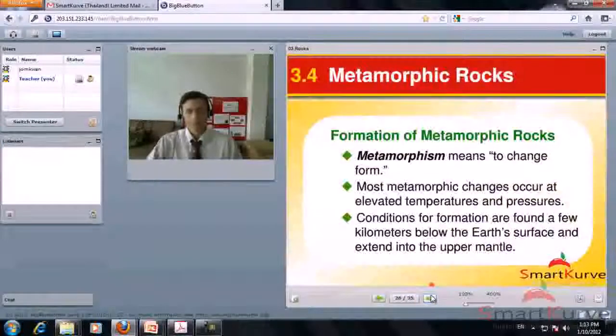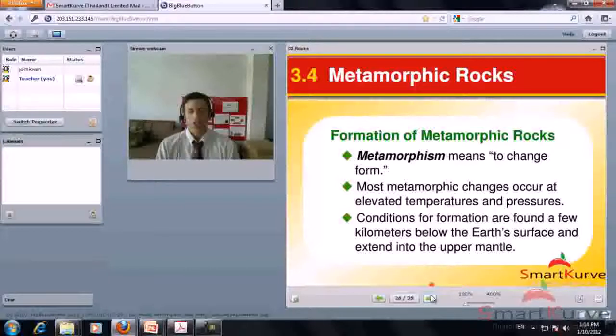Let's move on. Our next category. Remember, when those sedimentary rocks are crushed and buried and heated, they're basically cooked, and we form our metamorphic rock. And remember, I told you at the beginning of the presentation, metamorphic just means to change. That's what metamorphic rocks are doing.